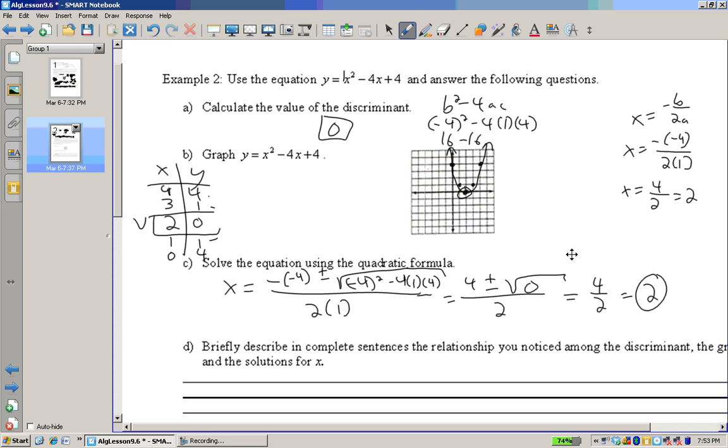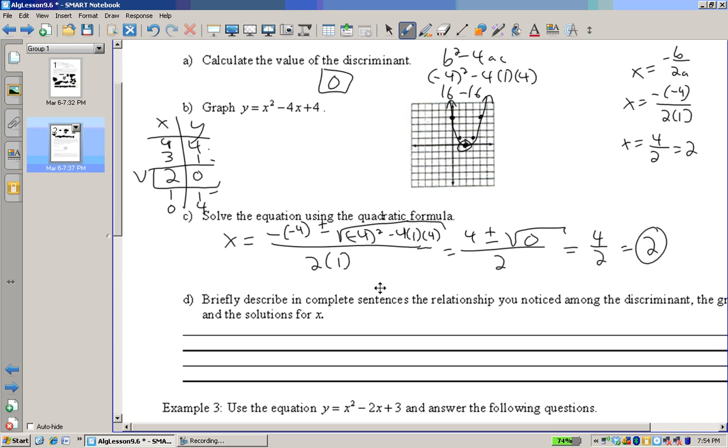They are related directly. So when the value of the discriminant is 0, I'm going to have it touch the x-axis one time. That is, there is one root or one x-intercept, and there's going to be one solution using the quadratic formula.